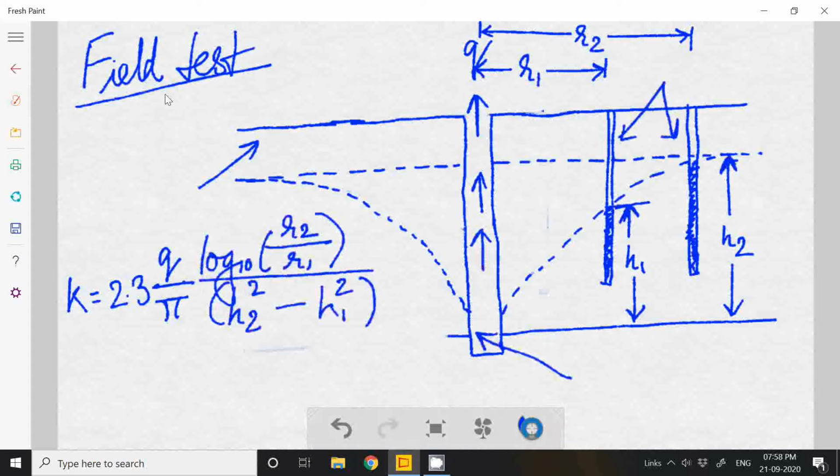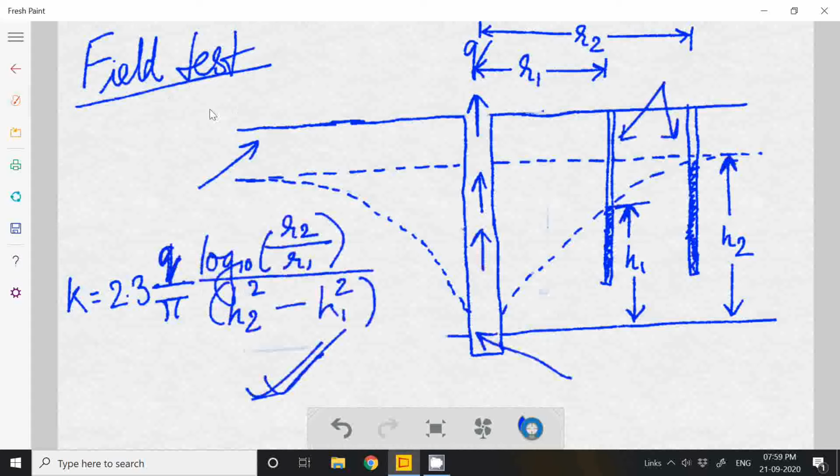When you get these values, and r1 and r2 you already know, and you know the rate of pumping also because you are the one pumping it out, you can find the value of k. So k is 2.3 Q by pi, log to the base 10 of r2 by r1, divided by h2 square minus h1 square. That is what you need to know from here.